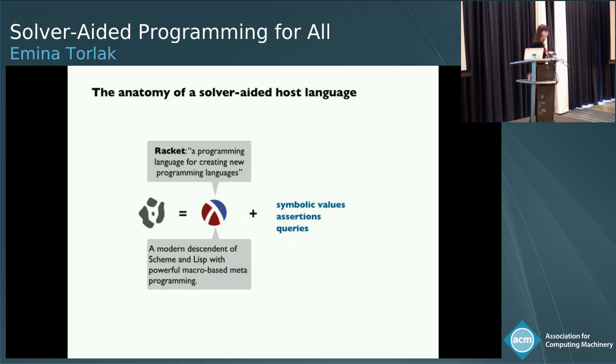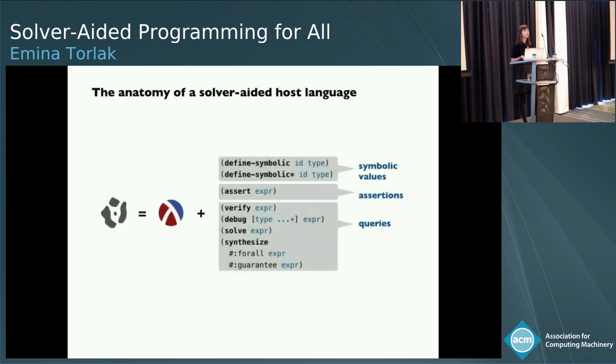And of course, Rosette also exposes them to you as the user, so you can use them as well while you're building your own DSLs on top of Rosette. Okay, so what do these constructs look like specifically? So here's the syntax of how you introduce symbolic values, how you write assertions, and how you issue the queries. I will show you through a specific example how you use these constructs to build tools in the Rosette language.